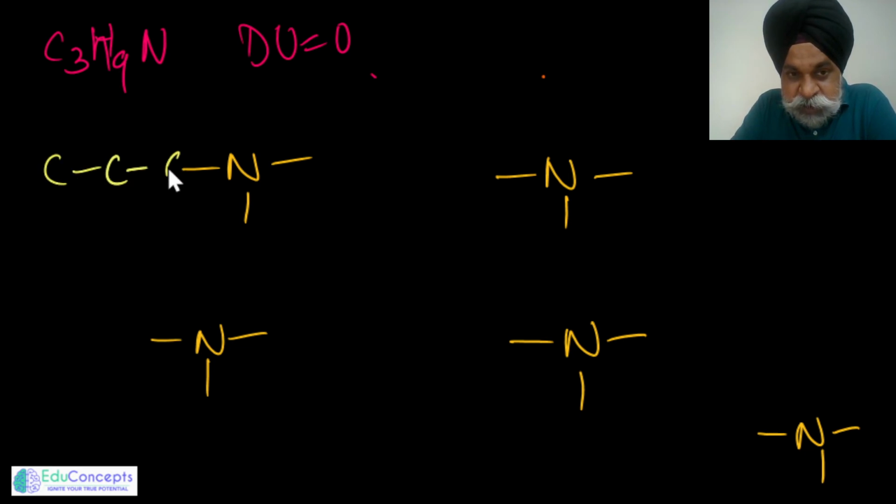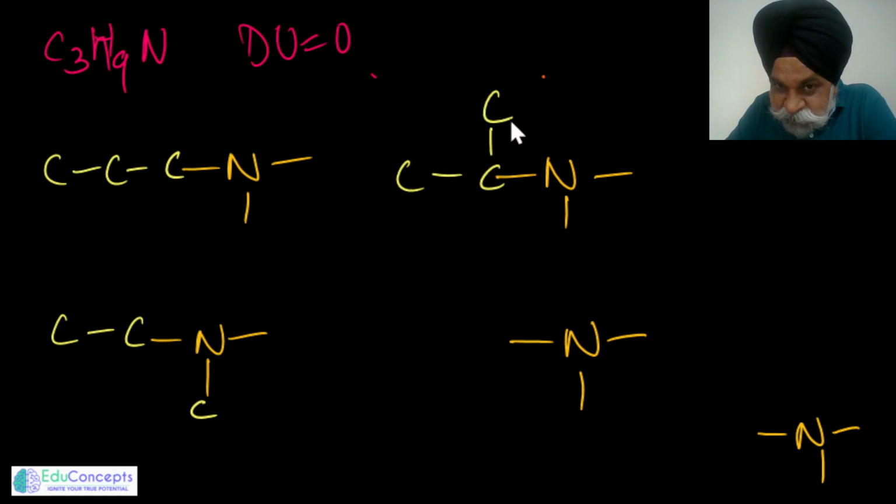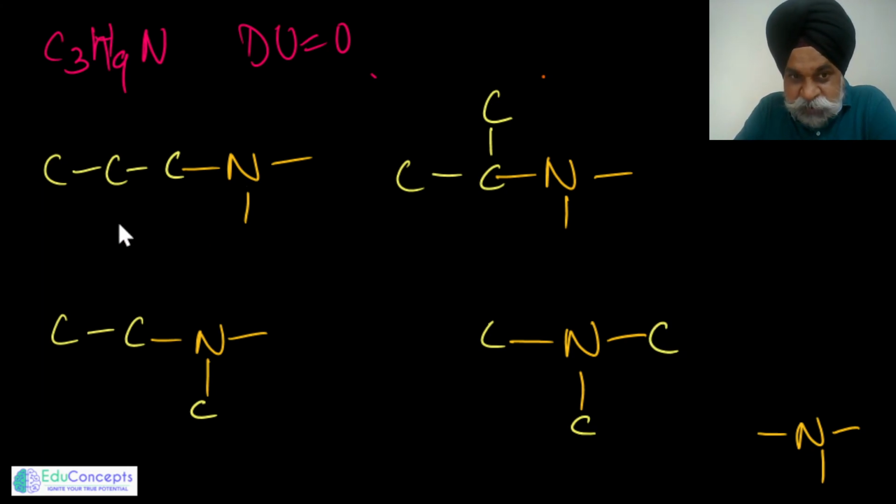So I can attach 3 carbon atoms like this, like this, like this also, and like this also. Now just complete the hydrogens. Here I would get 2 hydrogens, here 2, 2 and 3. Are you able to see?